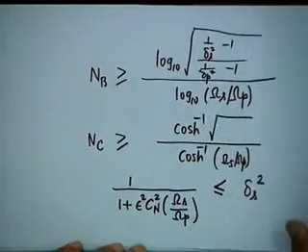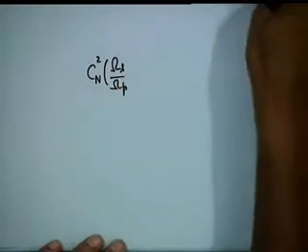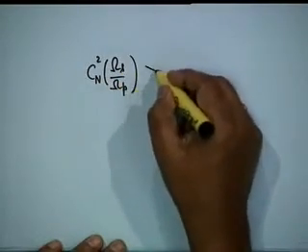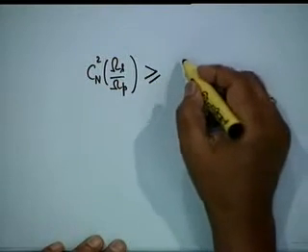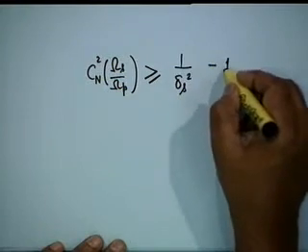And this gives you, on simplification, the relationship that Cn squared of omega s divided by omega p should be greater than or equal to 1 by delta s squared minus 1.